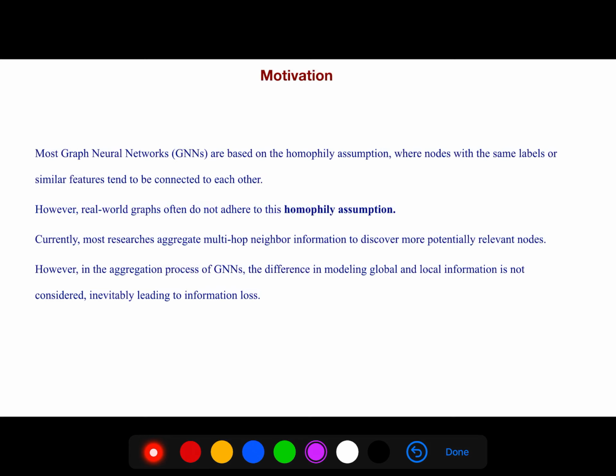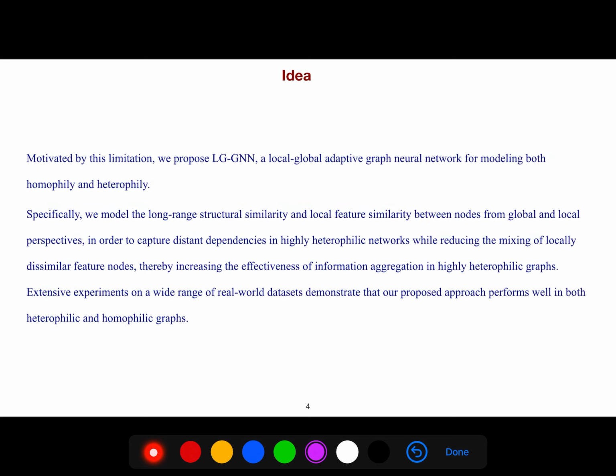However, in the aggregation process of GNNs, the difference in modeling global and local information is not considered, inevitably leading to information loss.